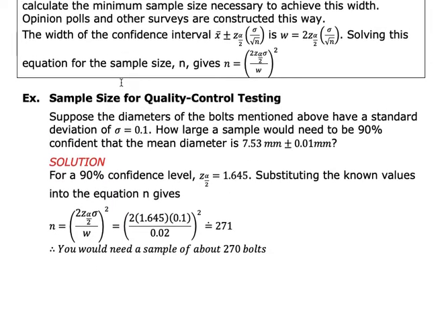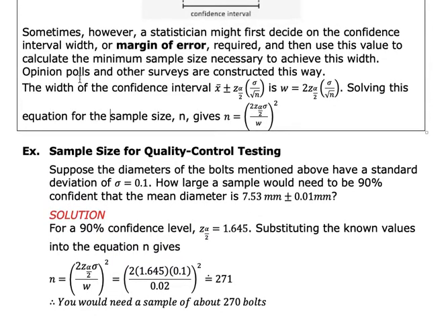Sample size for quality control testing. Suppose the diameters of the bolts mentioned above have a standard deviation of sigma equal to 0.1. How large would a sample need to be to be 90% confident that the diameter is 7.53 millimeters plus or minus 0.01 millimeters?